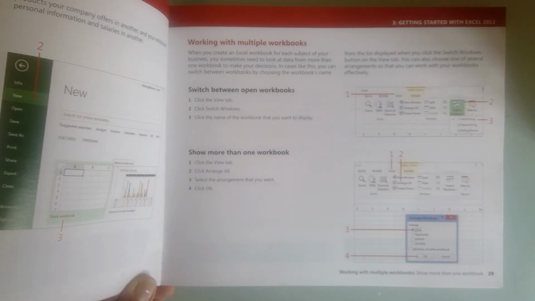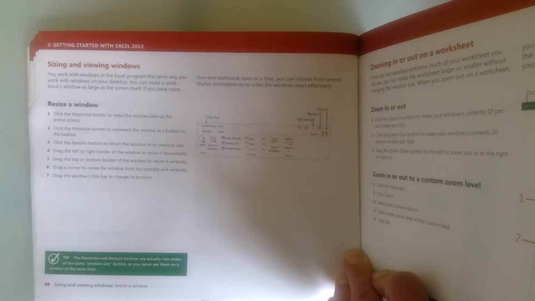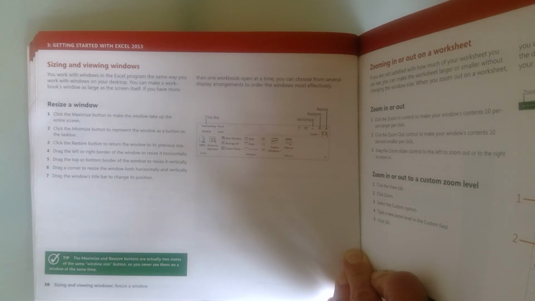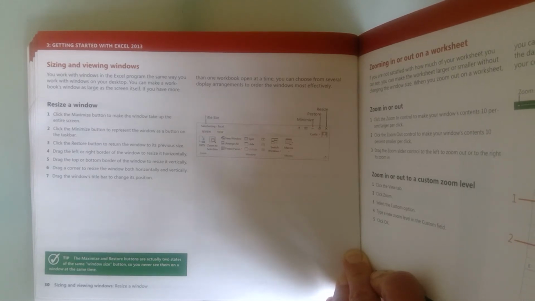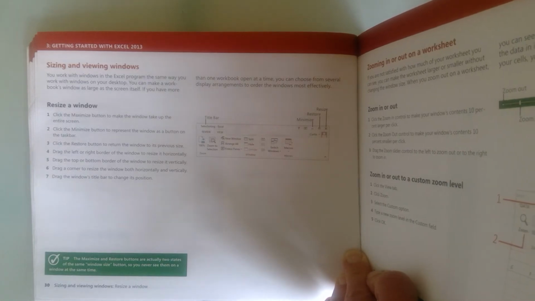Then you can click on each workbook, and as you click on it, it will become active. Remember in Word how sometimes we have two Word documents open on our screen at the same time? Do the exact same thing with the workbooks in Excel. You can have two open side by side. Excel actually has a neat little feature that allows you to move them side by side, and that was in the View tab that we just discussed.